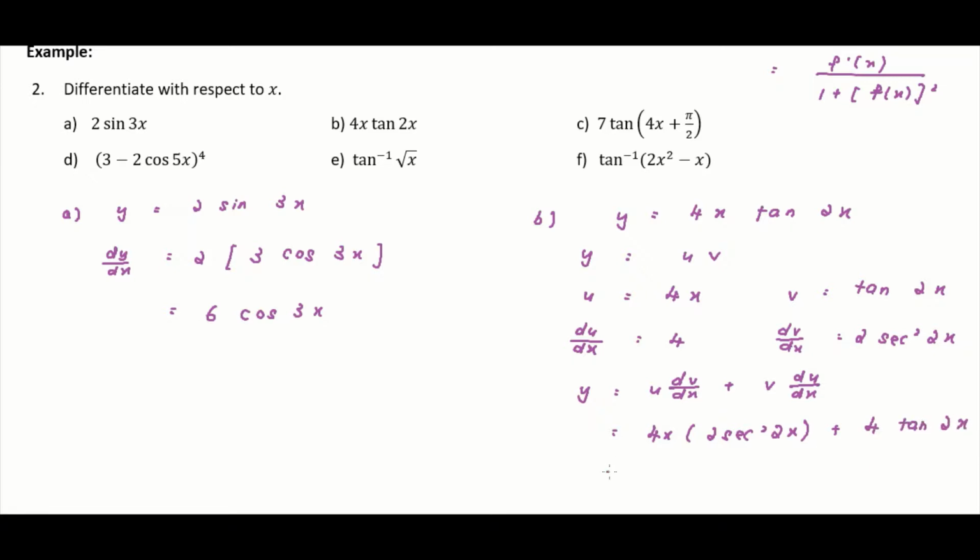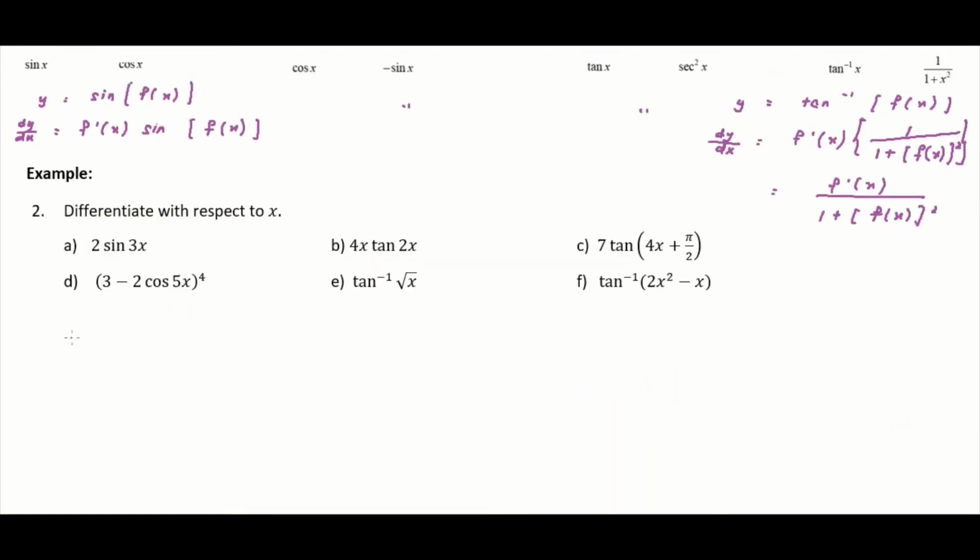Then now we can try to simplify them to write it in a better way. So 8x secant square 2x plus 4 tangent 2x. So this is your last answer. Okay, so let us move on to C.